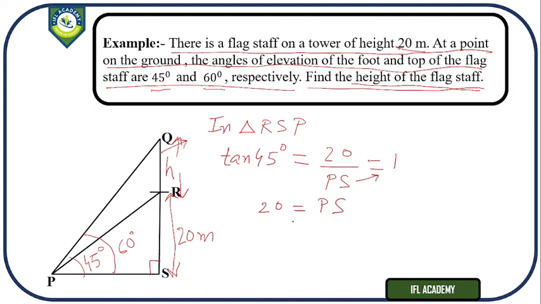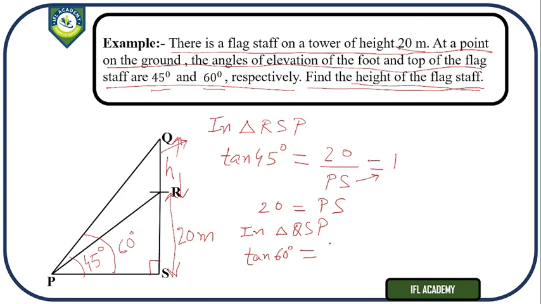Now in right angle triangle QSP, tan 60 degree will be equal to perpendicular upon base.